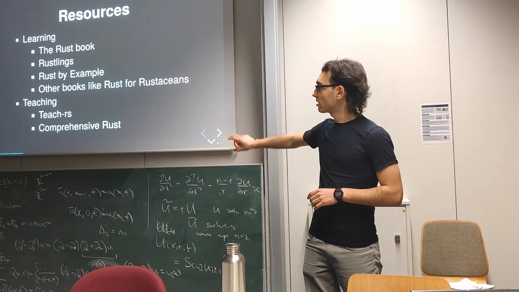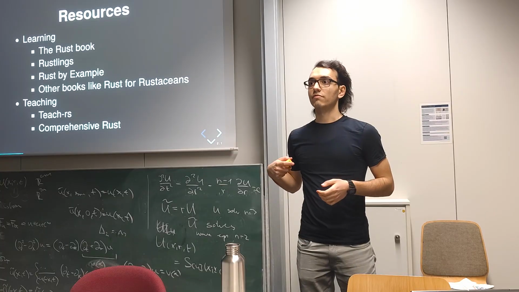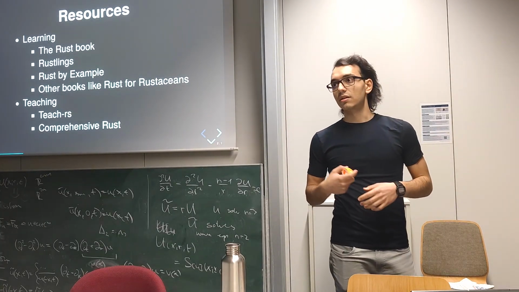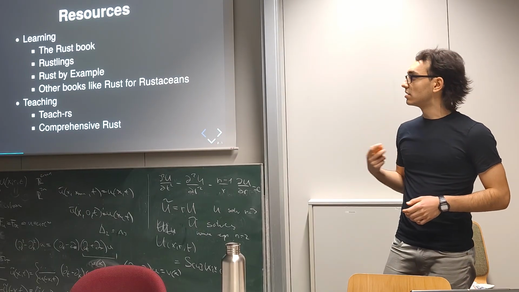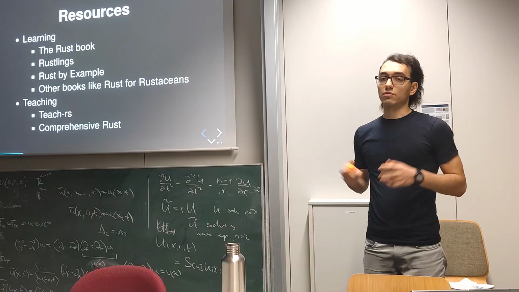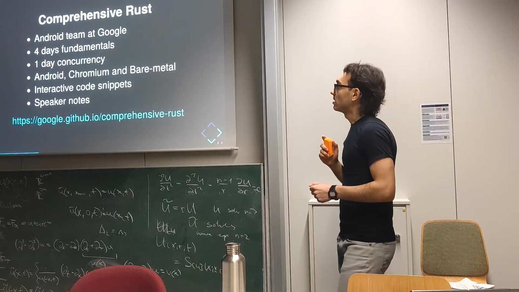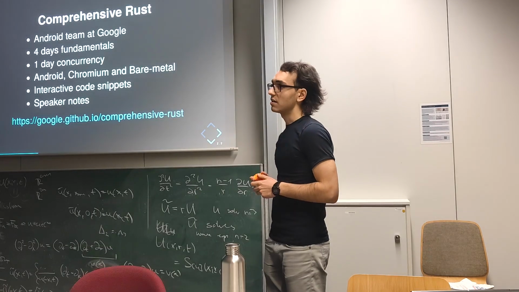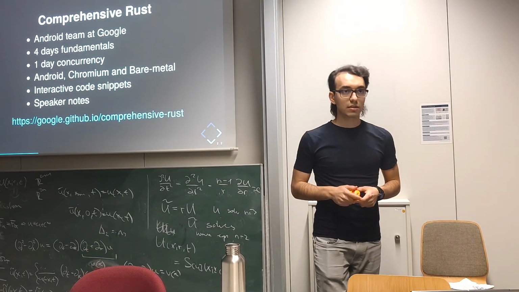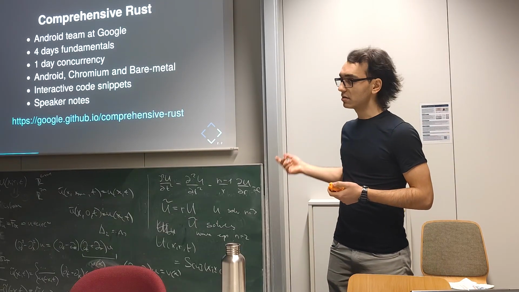So what I will be talking about is Comprehensive Rust, which is a course designed for a couple of days for getting you started with Rust and teaching you the basics in a crash course fashion. So Comprehensive Rust is designed by the Android team at Google, and it contains 4 days of what they call Rust fundamentals.